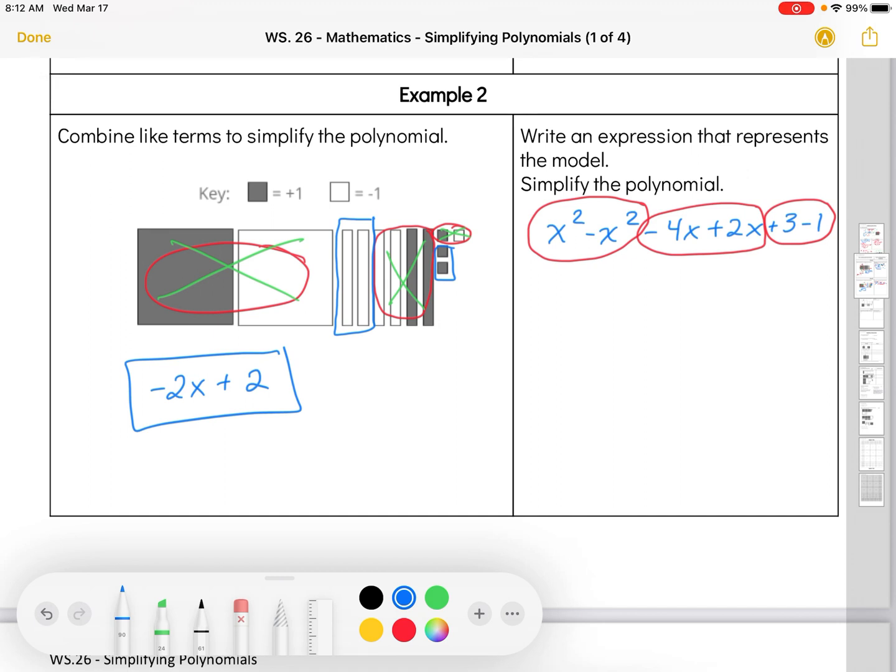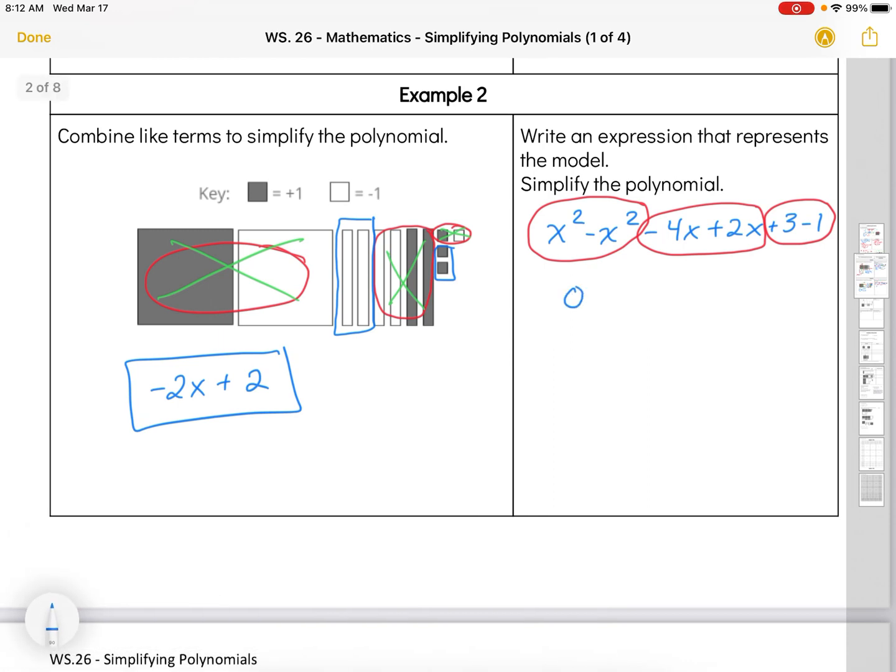So x squared minus x squared, well, anything take away itself equals 0, right? So that would be a 0. Then negative 4x plus 2x, so I have negative 2x. And then 3 minus 1, so I have 2. Now I don't write that 0, so I just write negative 2x plus 2.